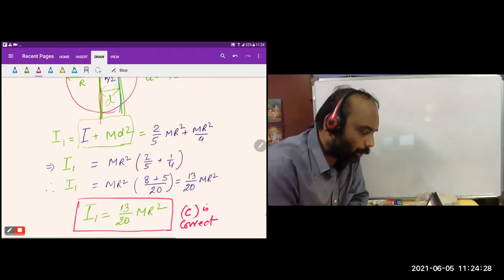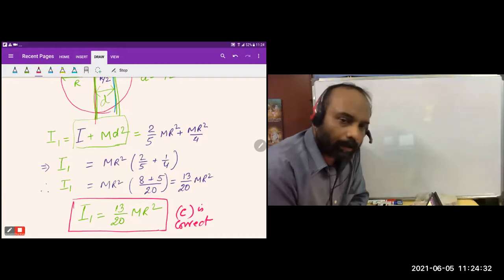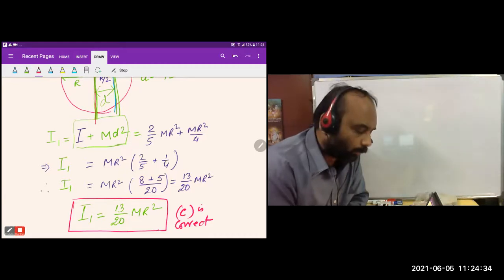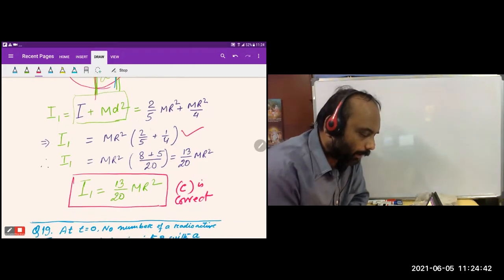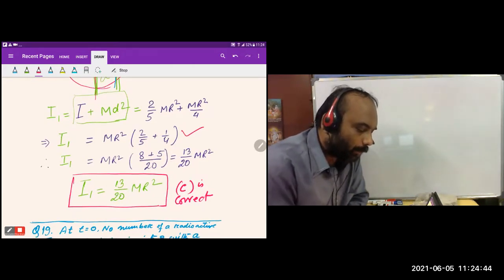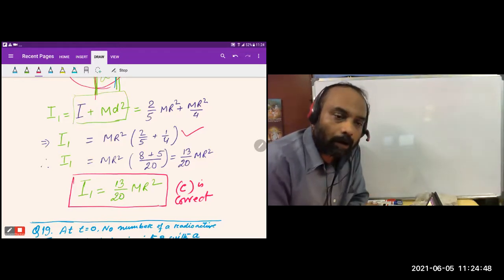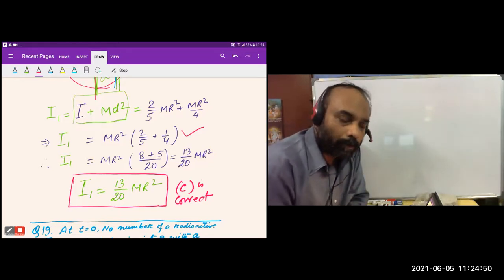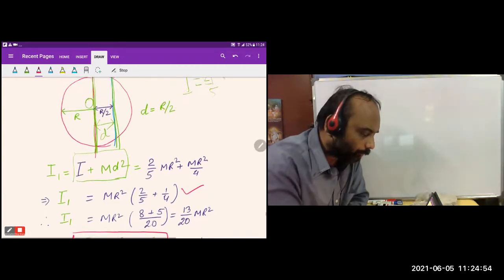So I1 is equal to, taking mr square common, in the bracket 2 by 5 plus 1 by 4, that gives me 13 by 20 times mr square. So option C is correct.